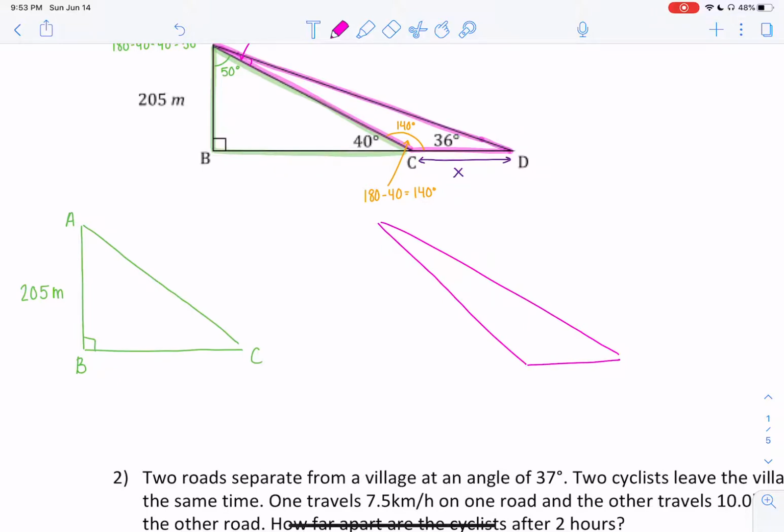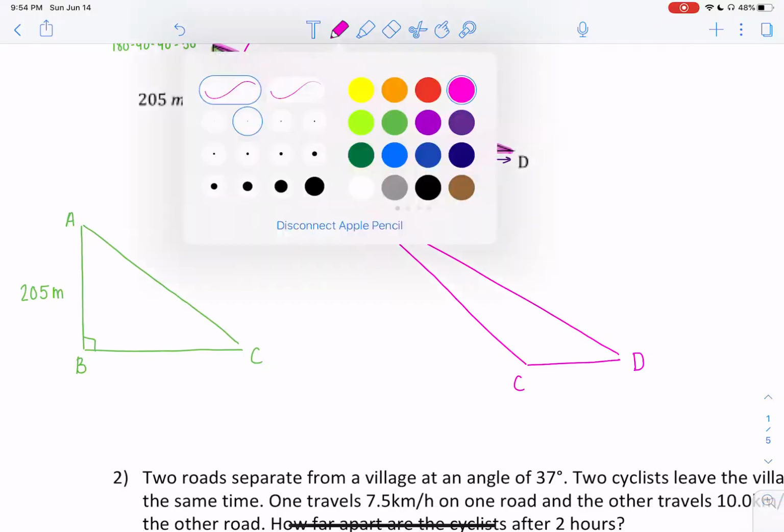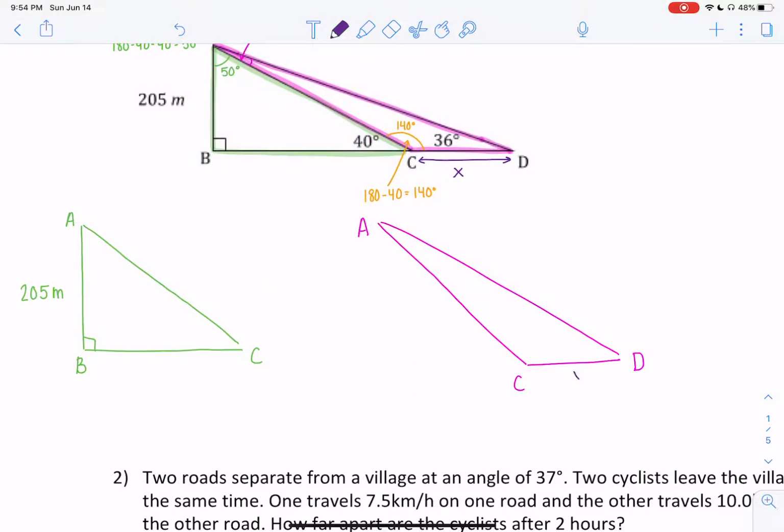Again, they're not the most accurate, but I'm trying my best. And now let's put in our values. So that's x. This is 140 degrees. This is 36 degrees. This is 4 degrees. We have 50 and 40.